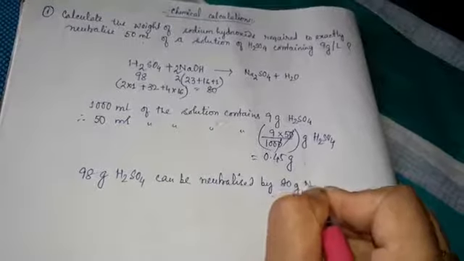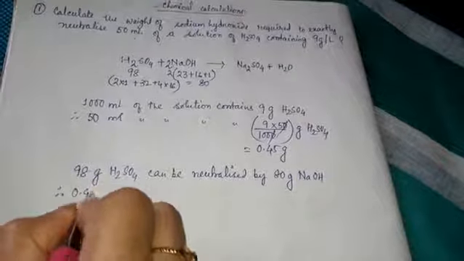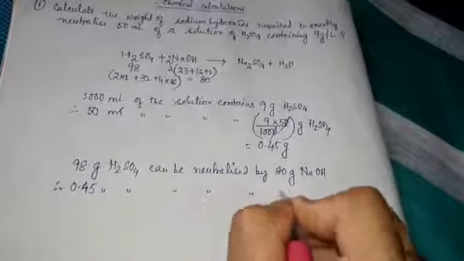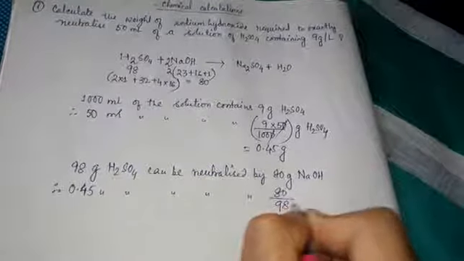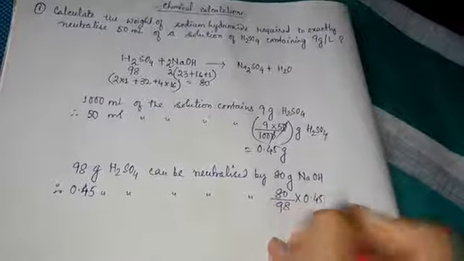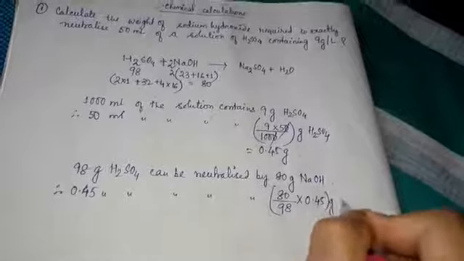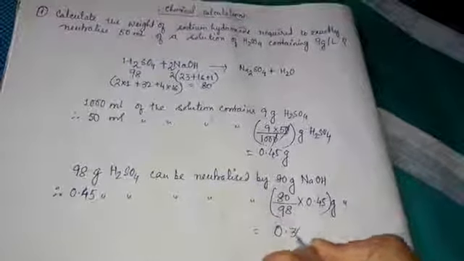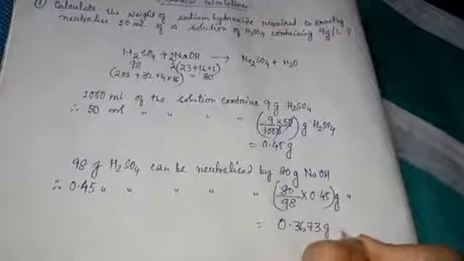So 98 gram of sulfuric acid can be neutralized by 80 grams of NaOH. So 0.45 grams of sulfuric acid can be neutralized by 80 divided by 98 into 0.45 grams. And after calculation, we are getting 0.3673 grams. So this is our answer.